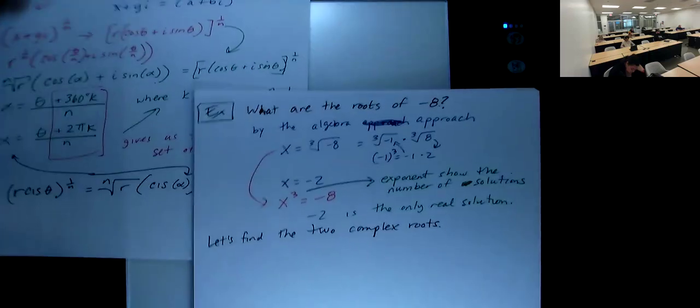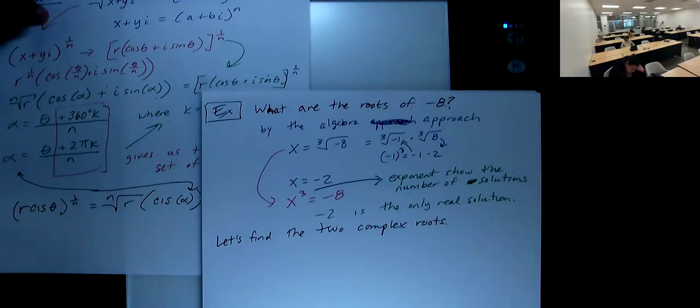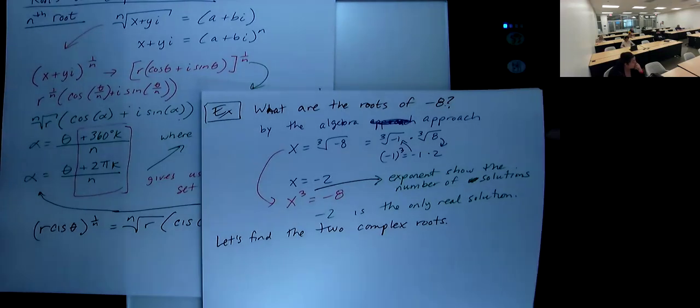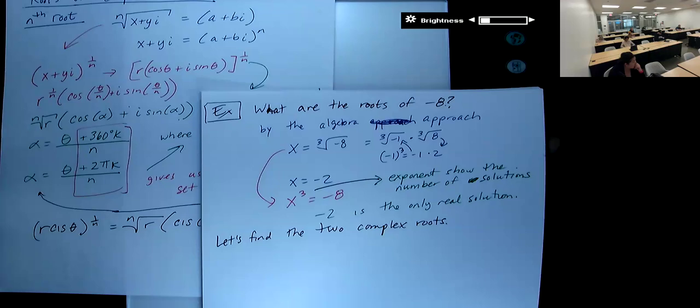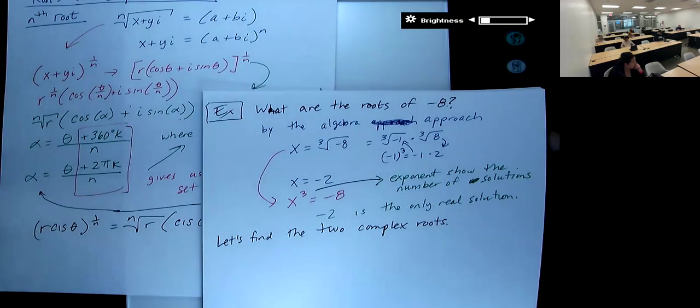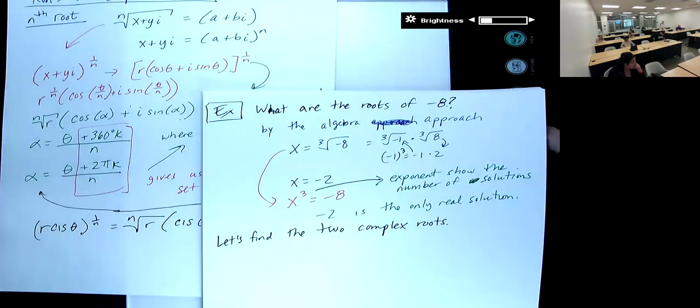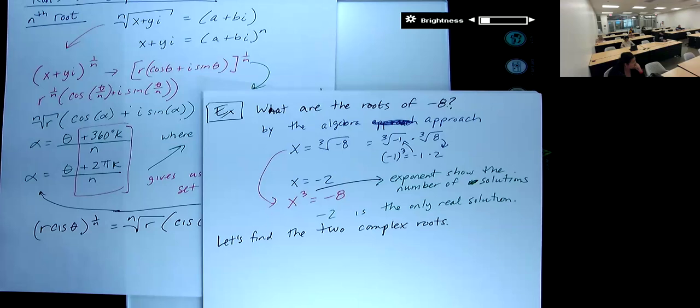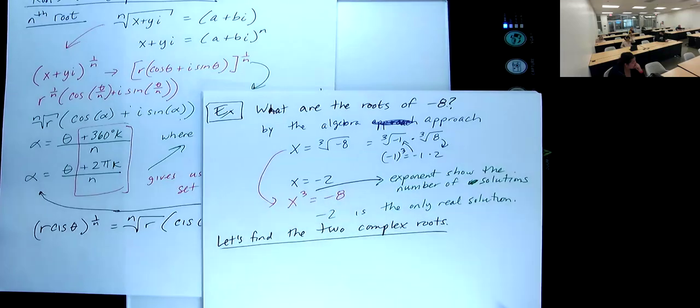And we're going to use this up here. Okay, so what we need to start off doing is write -8 in terms of r cis theta.